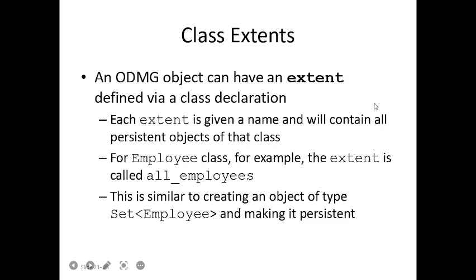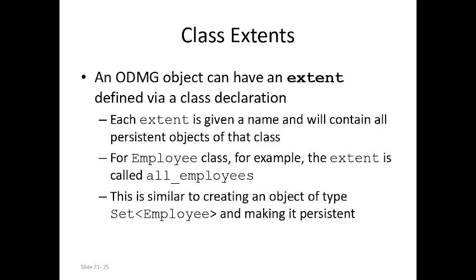And we have class extents. In the ODMG object model, the database designer can declare an extent, which is a keyword used for declaring an extent for any object type that is defined via the class declaration.